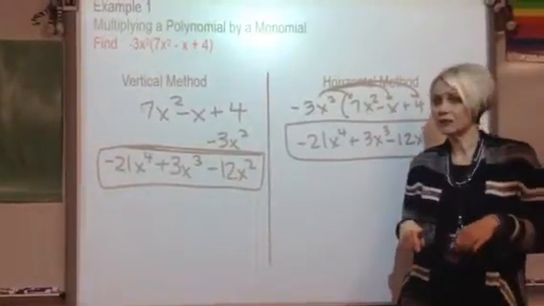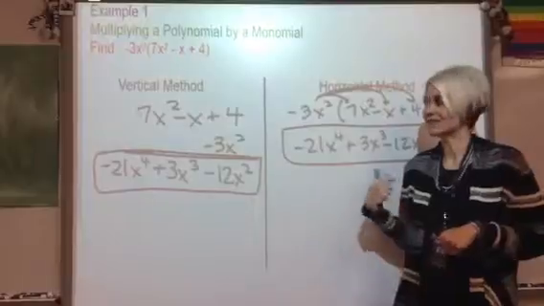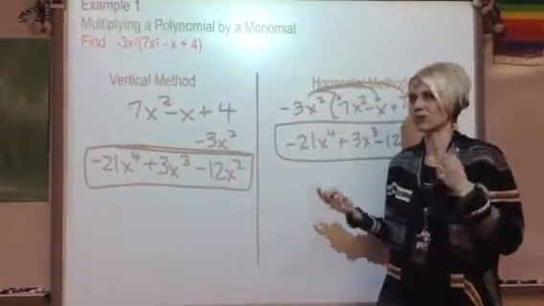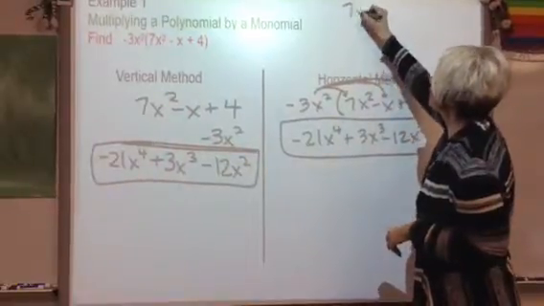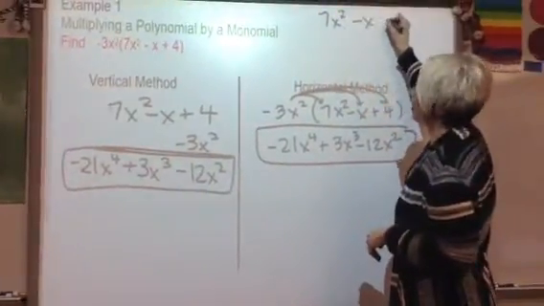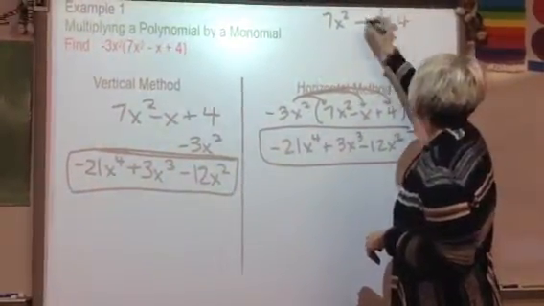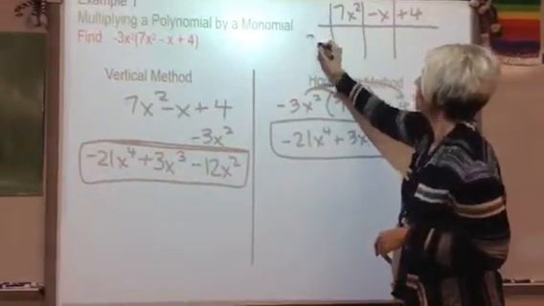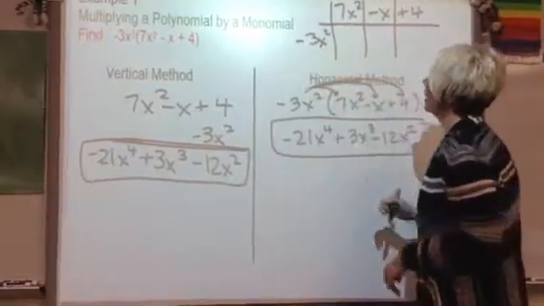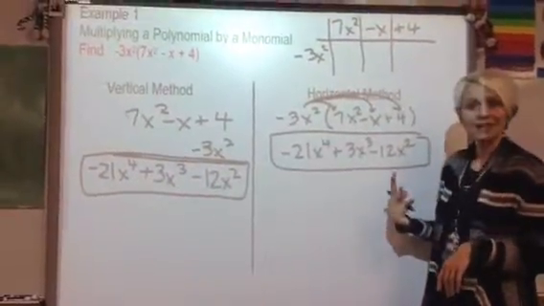The last method I'm going to show you is called boxes, and this is something you're going to see me use quite a bit throughout this chapter. What I do is I write this term at the top, and then I create boxes. And now what I do is I'm going to multiply in each box.